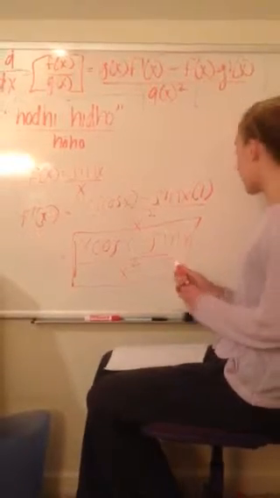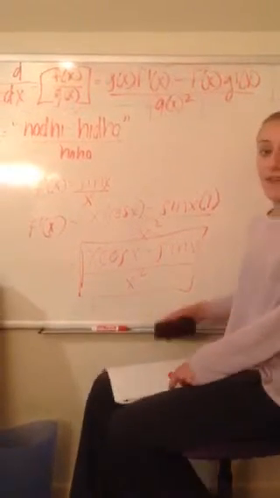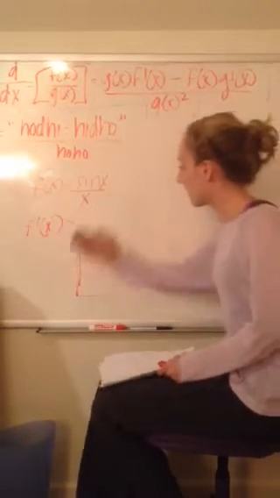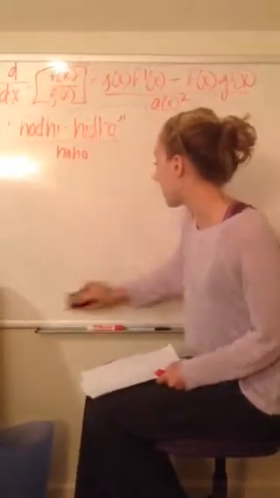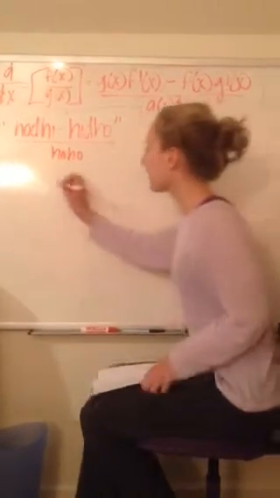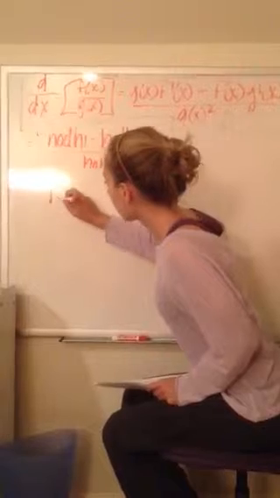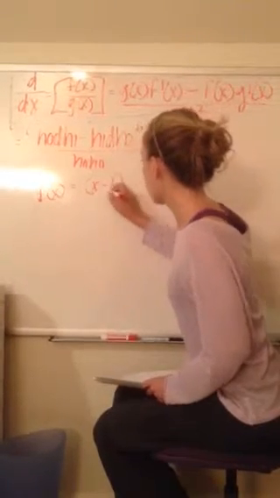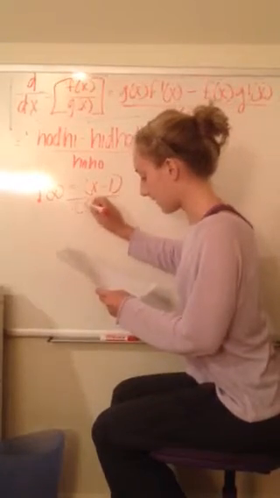The next one we're going to do is take the derivative and then find the slope and equation of the tangent line. The equation that we're going to have is f of x equals x minus 1 divided by x plus 1.